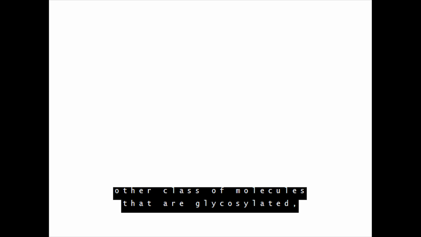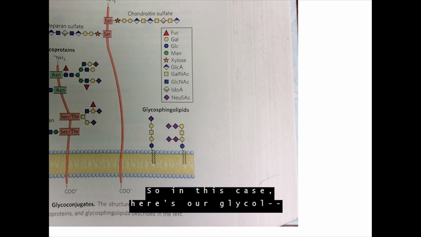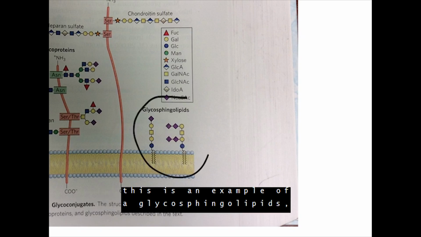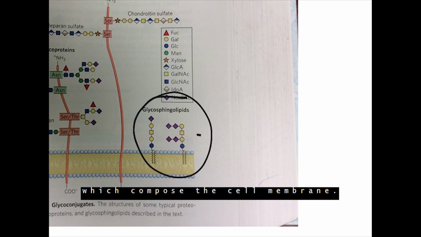Now we can look at our third class of molecules that are glycosylated, and that's lipid molecules. So in this case, this is an example of a glycosphingolipid. So now we're talking about attaching sugars or carbohydrates to lipid molecules which compose the cell membrane.